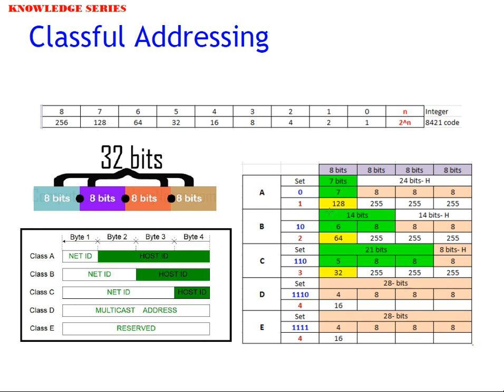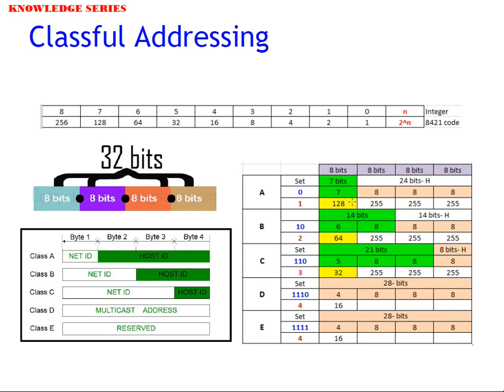That means you can form 128 addresses under class A. This green shade is the network section, so the network addressing under class A will have 128 network addresses.